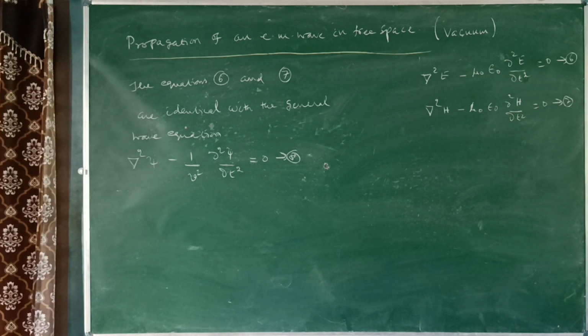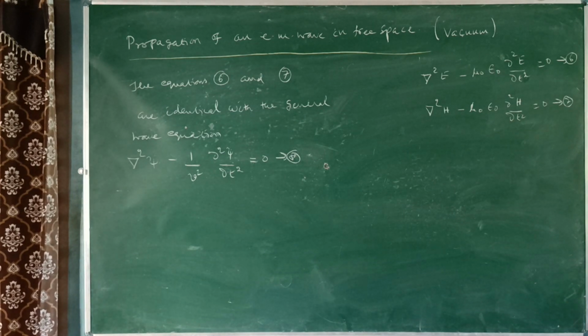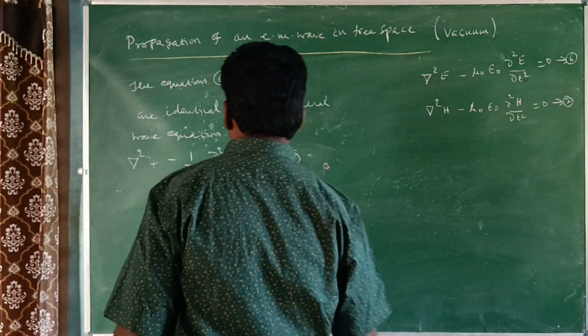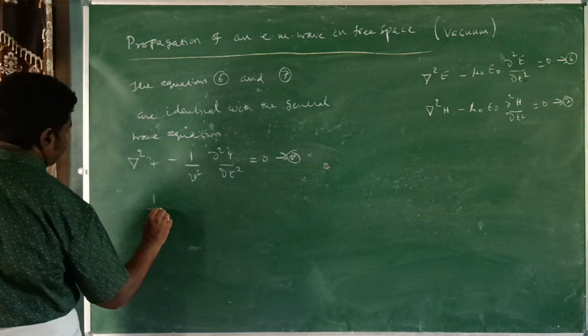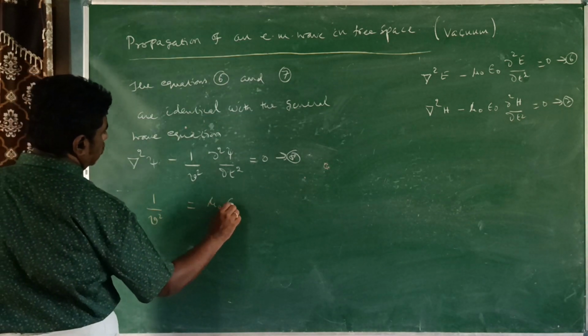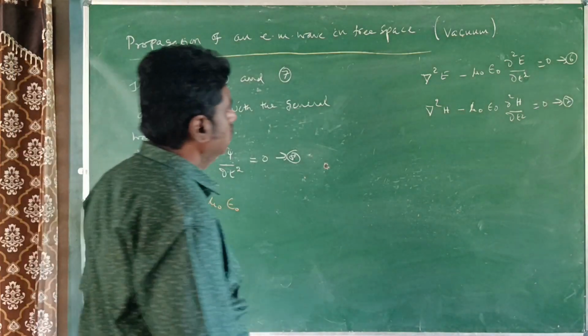Equations 6 and 7 are identical with the general wave equation del square psi minus 1 by v square into dou square psi by dou t square is equal to 0. Therefore, 1 by v square is equal to mu naught into epsilon naught.